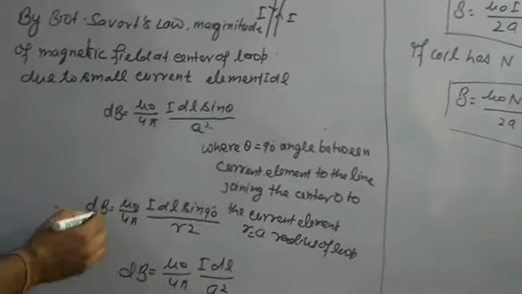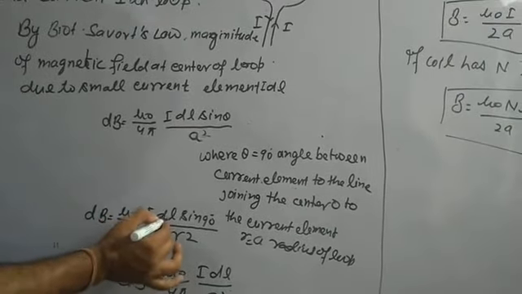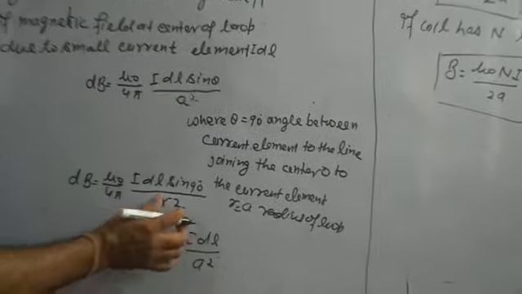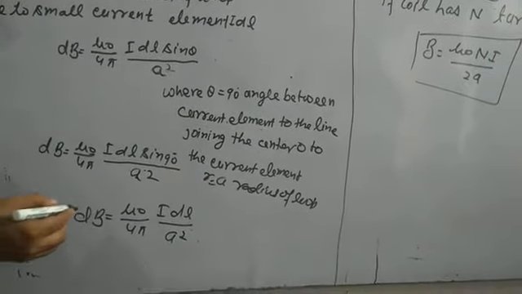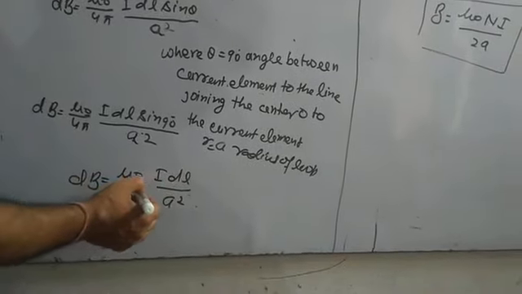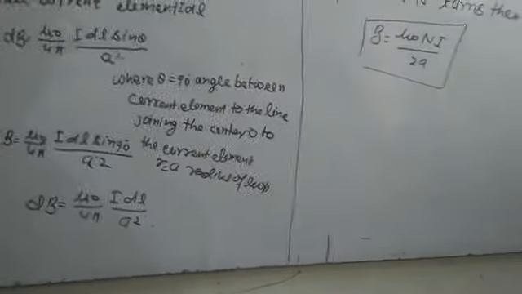Therefore, dB equals mu naught upon 4 pi I dl sin 90 upon a square, so dB equals mu naught upon 4 pi I dl upon a square.